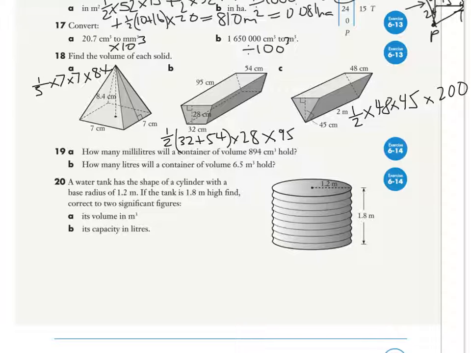Okay, 19. How many millilitres will a container of 894 centimeters cubed hold? Well, that's 1 to 1, so 894 mils. How many liters can a 6.5 meter cube hold? Now, there are 1,000 liters in every meter cubed.